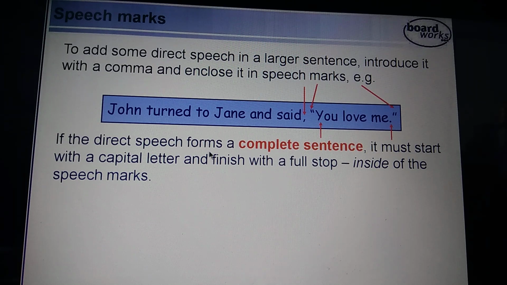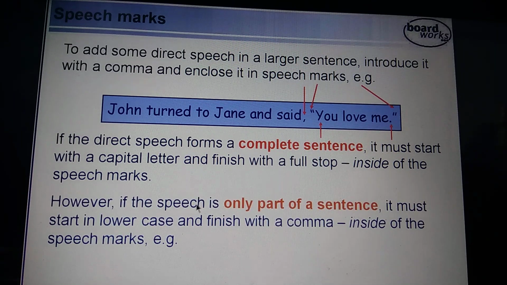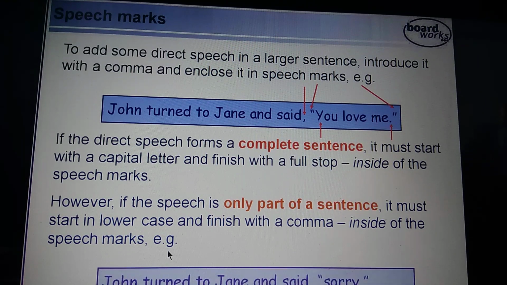If the direct speech forms a complete sentence, it must start with a capital letter, as I have already said. If the speech is only part of a sentence, it must start in lowercase and finish with a comma, inside the speech marks like this. So it's a part of a sentence. John turned to Jane and said, sorry.